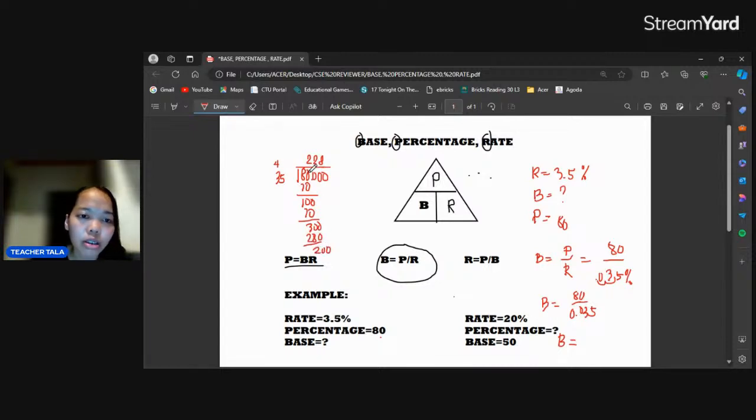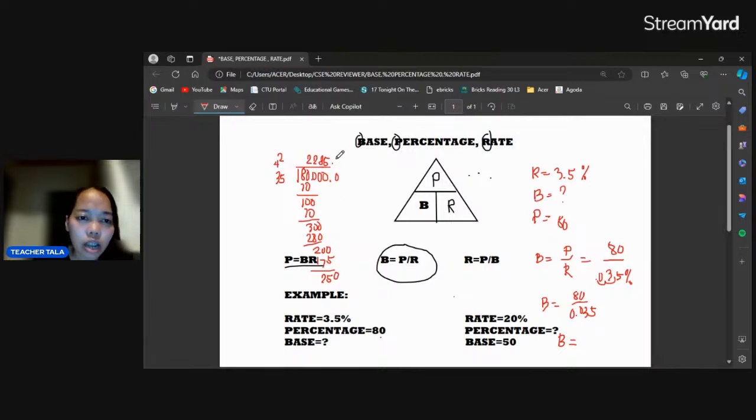Now we have 20. Just bring down 200. Okay, let's try 5. 5 times 5, 25. 3 times 5, 15, 17. 175. That's 25. Now, let's add 0 to 50. So, sa 200 may 5. Sa 50 may 1. Okay, and then there's another 25.